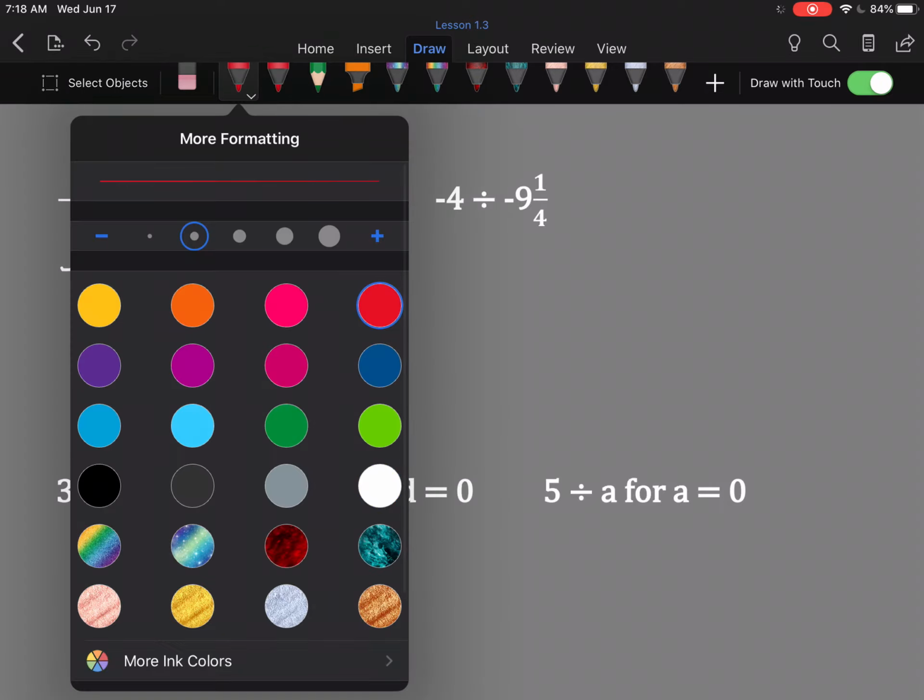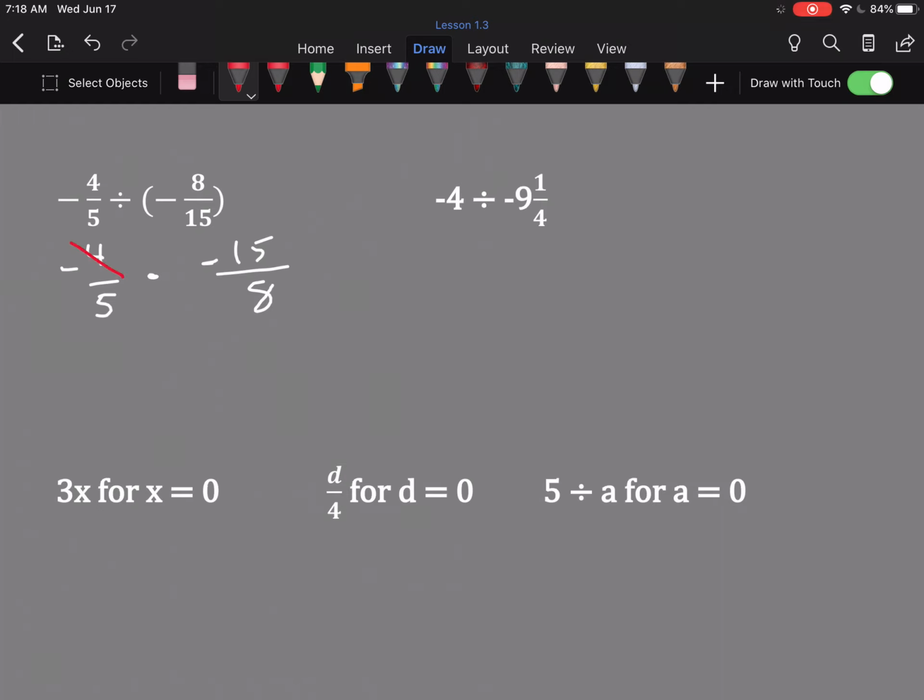Now, there's some canceling we can do here. In the previous problem, we saw 4 and 8 cancel to 1 and 2 respectively. But also here, 5 and 15 can cancel into 1 and 3 respectively.